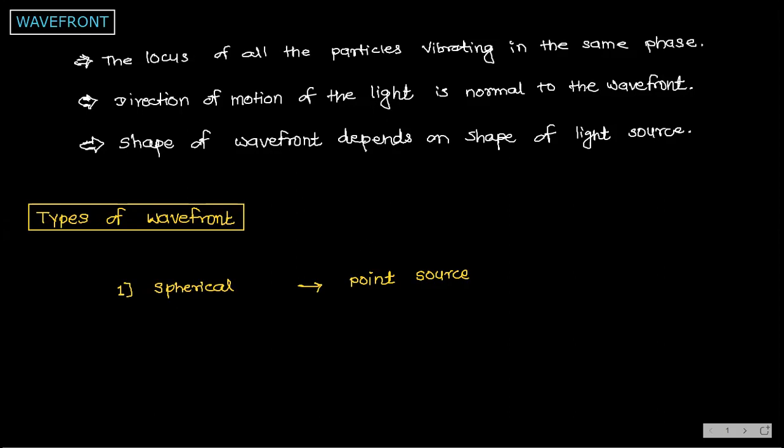You see here, suppose now here I am having the point source, and these are the wavefronts which I have selected. And let us suppose this is the light which is passing in all possible directions from this point.